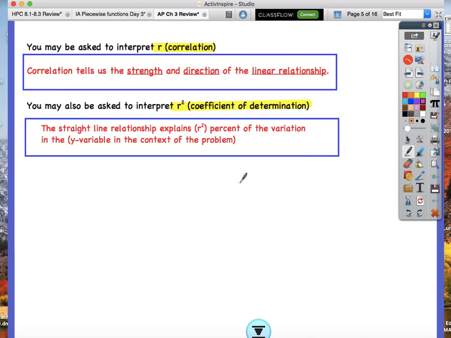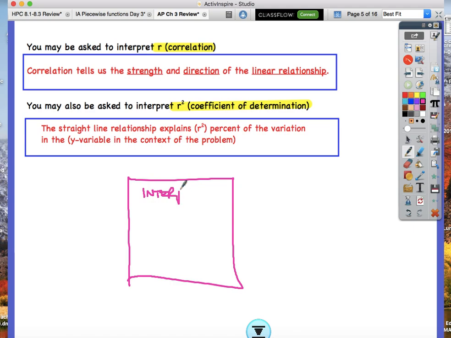You are going to need to interpret, I think, a lot of stuff on the AP exam. So in my previous notes that I made, I said you should probably start a page of notes for interpretations. We did one of them already.